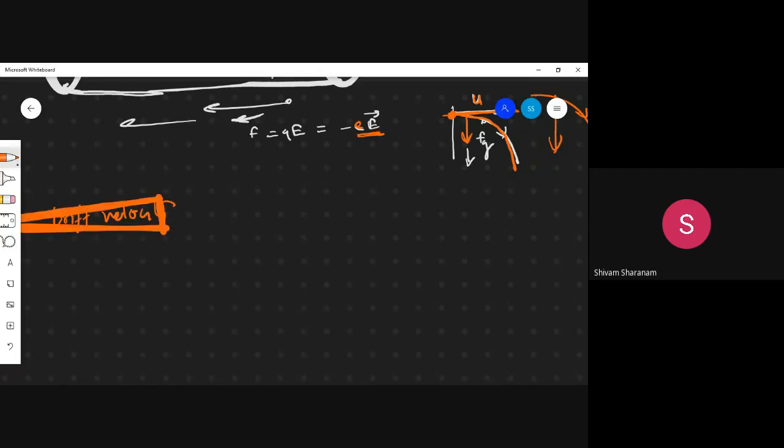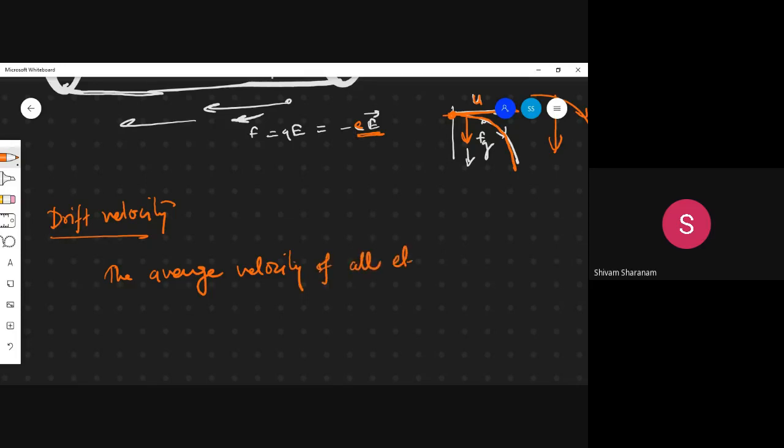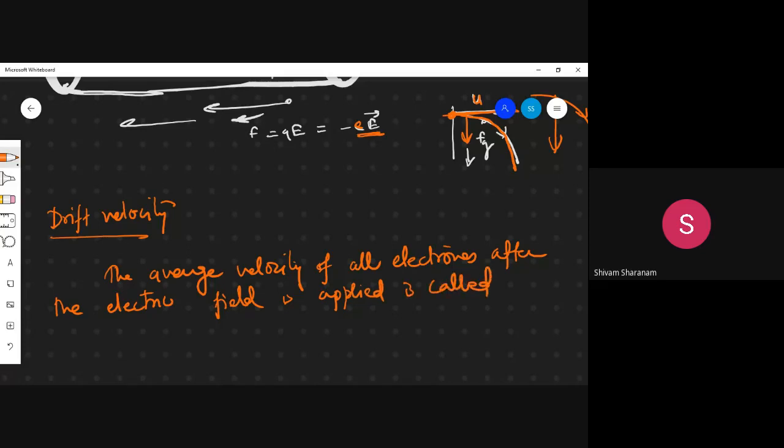So what is drift velocity? Note down: the average velocity of all the electrons after the electric field is applied is called drift velocity.